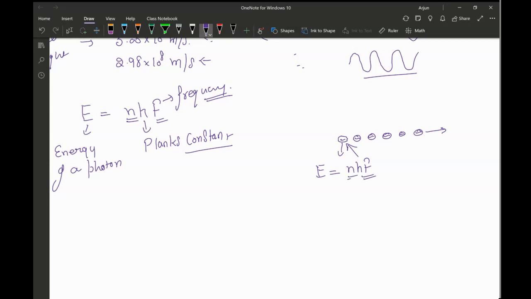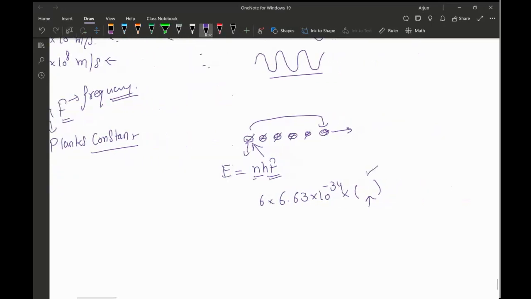And if we wanted to find the energy associated with all these particles, I'll count all of them: 1, 2, 3, 4, 5, 6. So 6 times Planck's constant, whose value remains the same always, that is 6.63 times 10 raised to the power negative 34, times the frequency value. The frequency value depends upon what kind of light we are taking, and depending upon that we can fill in the value, and that's going to give me the corresponding energy value.